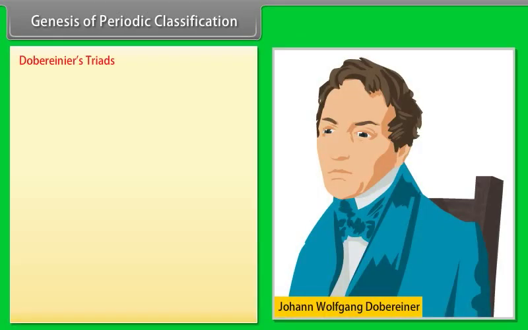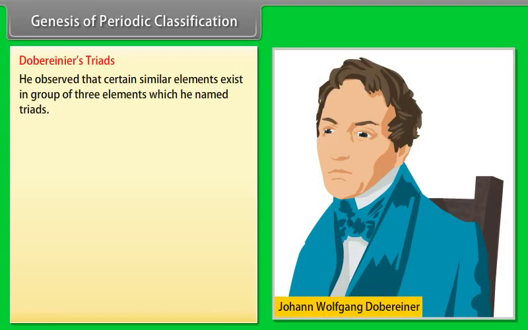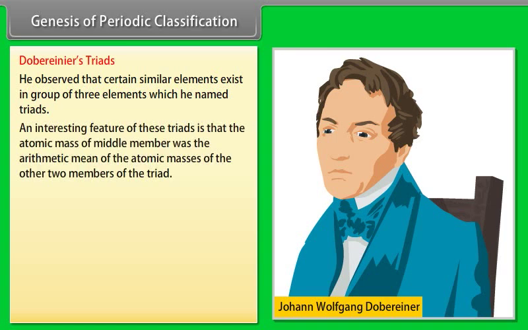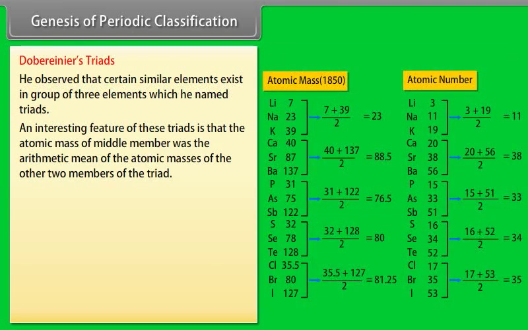Genesis of periodic classification. Daubigny's triads. He observed that certain similar elements exist in group of 3 elements, which he named triads. An interesting feature of these triads is that the atomic mass of middle member was the arithmetic mean of the atomic masses of the other 2 members of the triad.